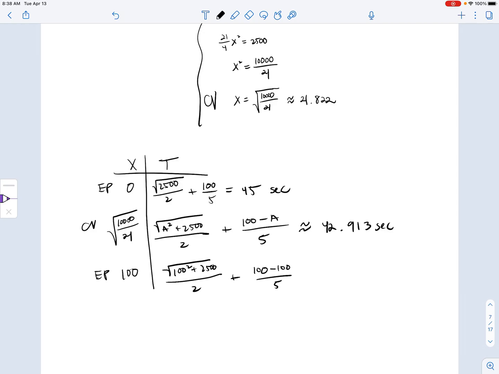So the square root of 100 squared plus 2,500, divided by 2, is approximately 55.902 seconds. So approximately 56 seconds.